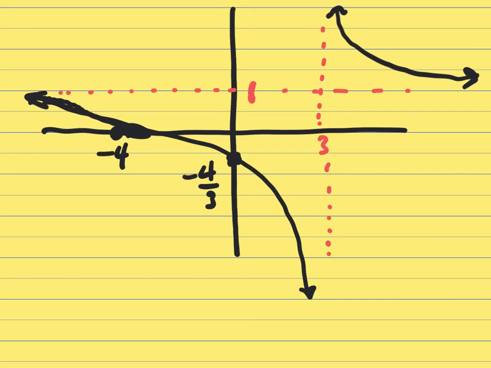So it's not beautiful at all, but hopefully it's functionable enough for you to follow along. The hole, we had a hole at 4, 8, so I'm going to remove a tiny dot here, leave an open circle, and just label that 4, 8.